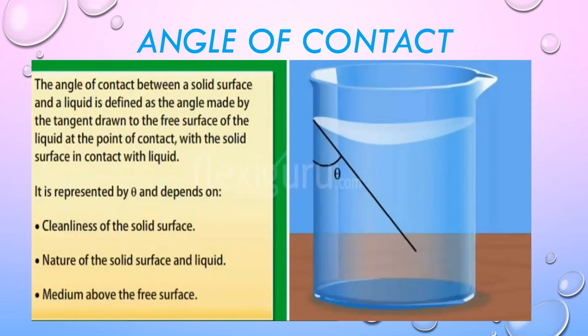That means the solid surface we are considering is the solid surface inside the liquid, not the upside. It is represented by theta, and this angle of contact depends upon the cleanliness of the solid surface, the nature of the solid surface, the nature of the liquid, and the medium above the free surface.